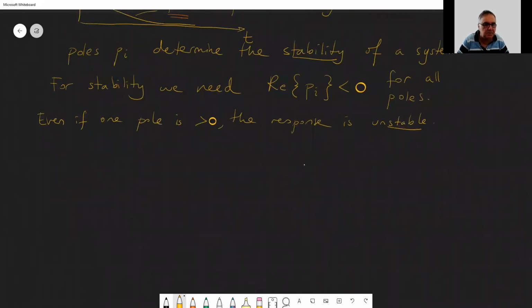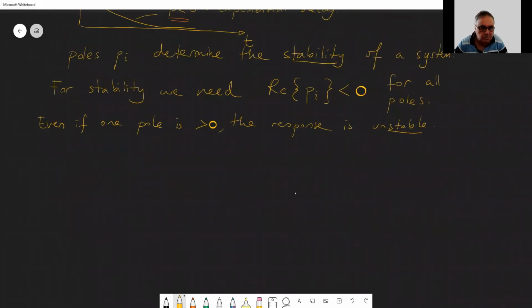For example, let me write this and then I will finish and take a break. Let's say that this is s plus 1. The zeros don't influence stability. They influence the response. Okay.